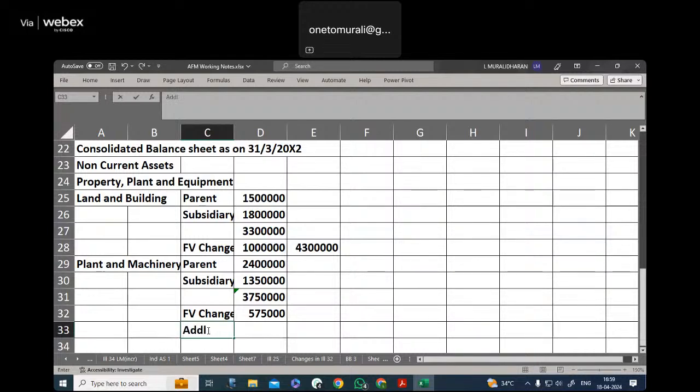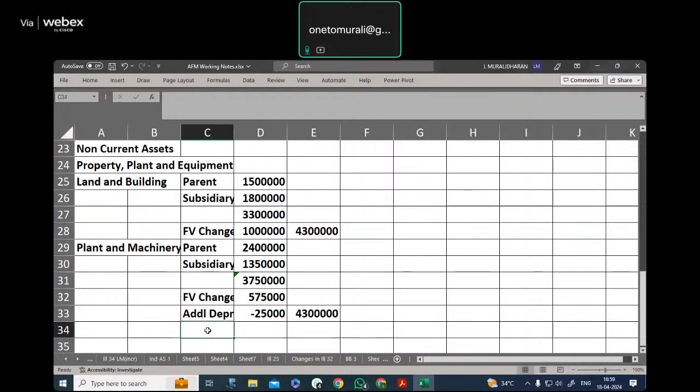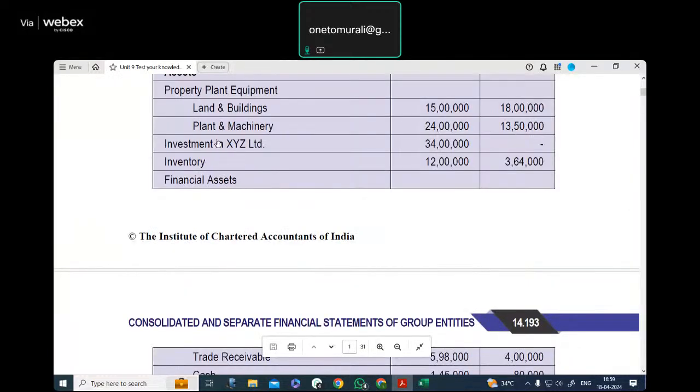Then additional depreciation, 25,000. So we are expected to make those changes for 30,000. Then apart from that, for this investment, you will take it up as bargain purchase. That will not come there.